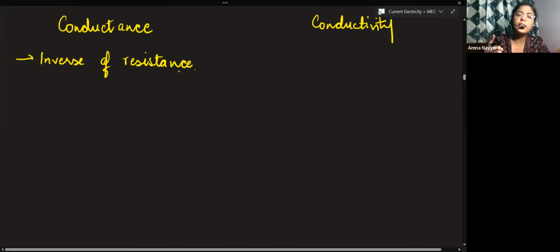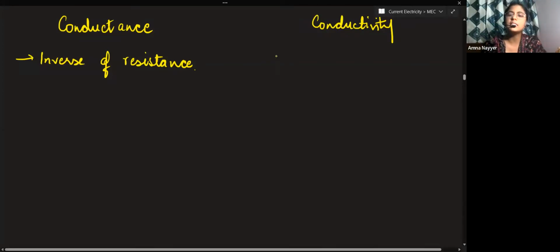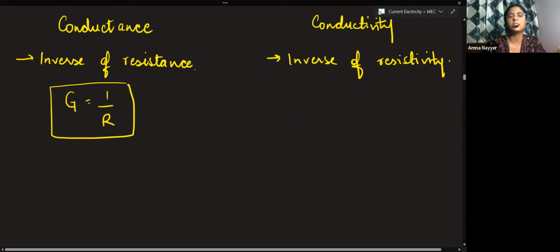Whereas conductivity, it's the inverse of resistivity. So you can easily remember it from the terms resistance, conductance, resistivity and conductivity. It's easier to remember. Conductance is denoted through this capital G. So it will be 1 by R in this manner. This is the formula of conductance.